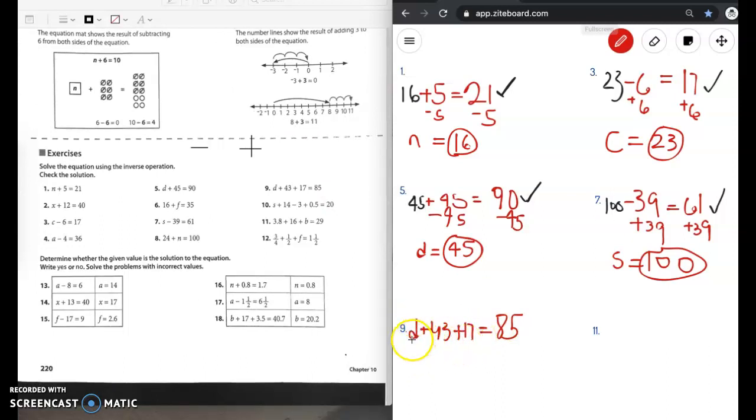Well, we only have one variable here, which is D, but we do have to combine these terms. So we're going to do this first. 43 plus 17 is 60. I like to write everything down just to keep things organized. All right, so now we can go on. What's the inverse operation of plus 60? It's minus 60.